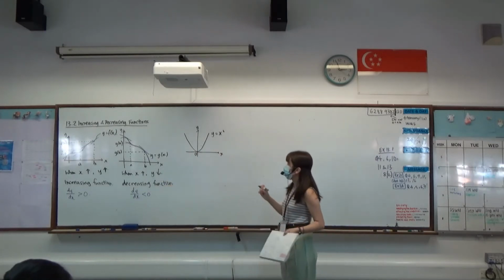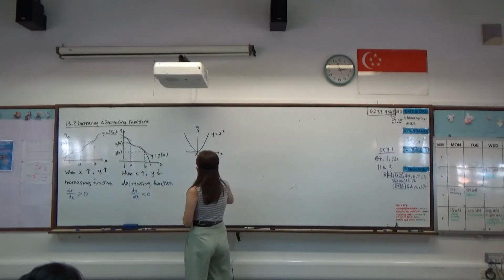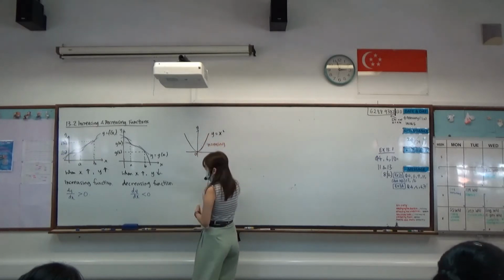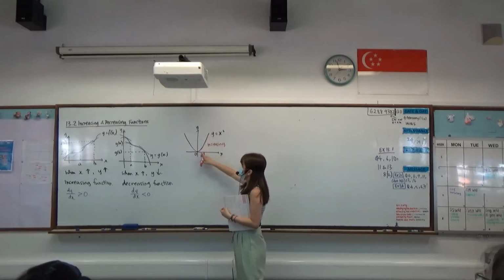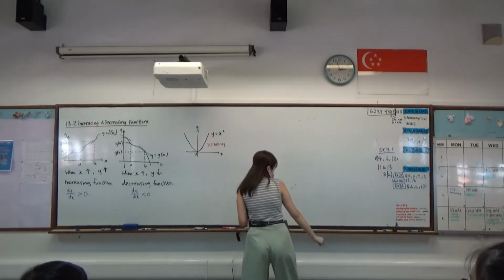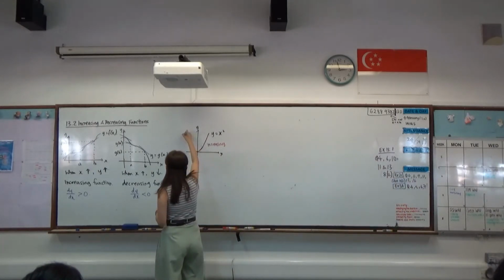Let's say our y equals x squared. We notice that y equals x squared is only increasing in this section, because the gradient is only positive in this section, and then in the other part, it is actually decreasing.